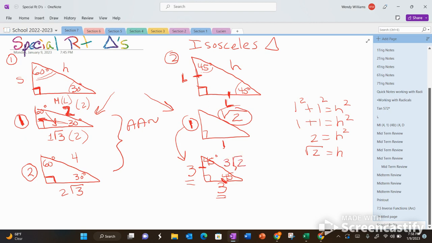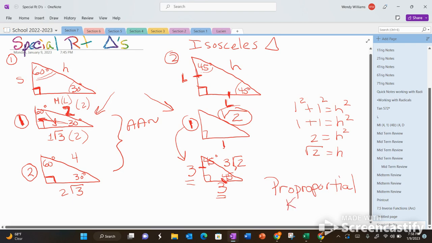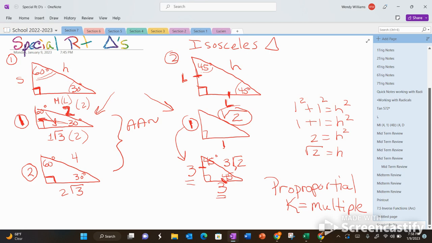And these similar triangles are very proportional. And I'm using scale factor to show you very quickly that scale factor is nothing but a multiple. And if the numbers are simple, then it's a lot easier to find the new ones.